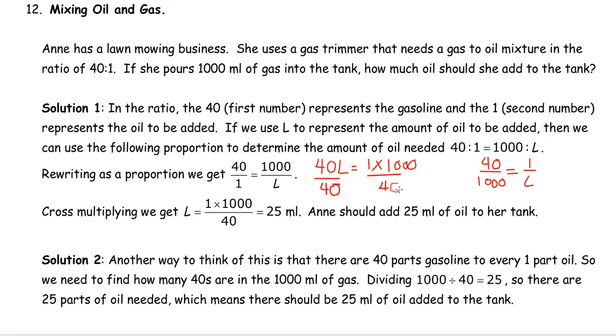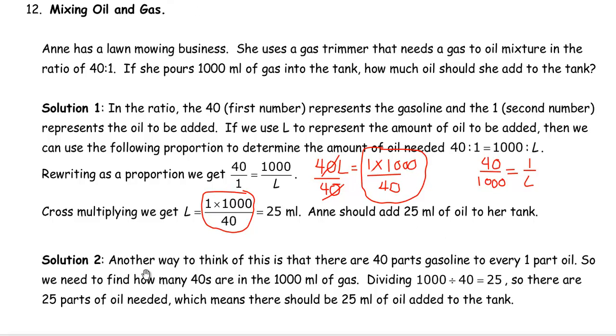Notice that after those divide out, what we have over here, 1 times 1,000 over 40, is exactly the same thing we have here. And even in this other one, you see 1,000 times 1 divided by 40, same thing. Okay, so she needs to put 25 milliliters of oil in that tank.